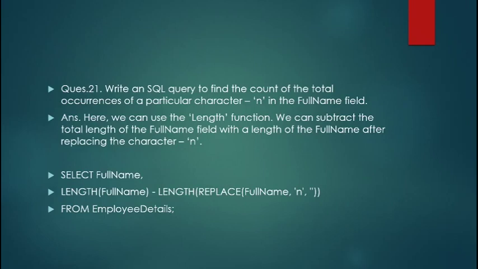For example, if it is apple and I want to know the occurrence of the P character in apple, in that case I have to use the length function and then subtract the total length of the full name from the length of the full name after replacing the character, minus that part, minus n.